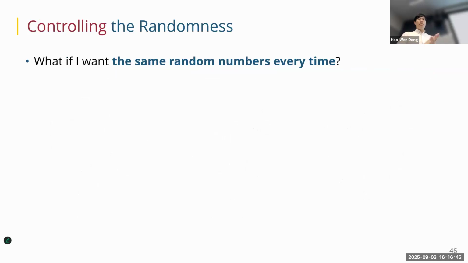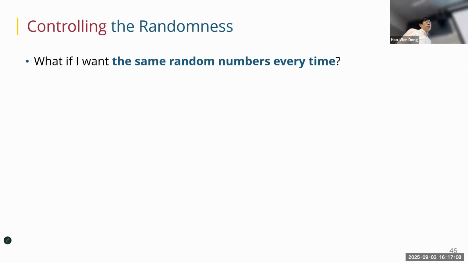Let's just move on. I think we got a little bit more time. This might happen at some point, but likely not in this class. If you want to control the randomness, this is also nice if you want to get a sense of how your machine generates these random numbers.